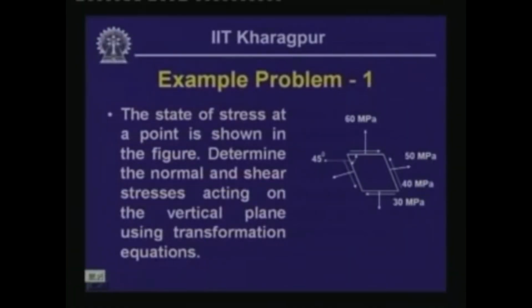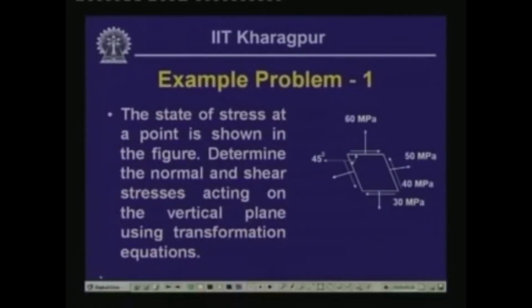Now, with these stress conditions in the background, let us look at how to solve a number of problems. This particular problem I explained last time, and I had asked you to compute the stresses. At a point in a stressed body, on a horizontal plane the normal stress is 60 MPa.